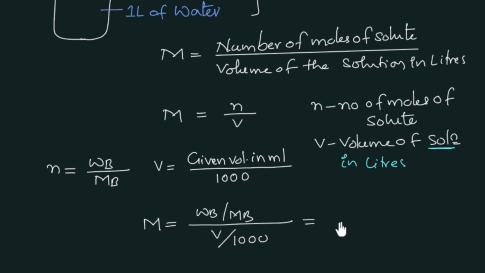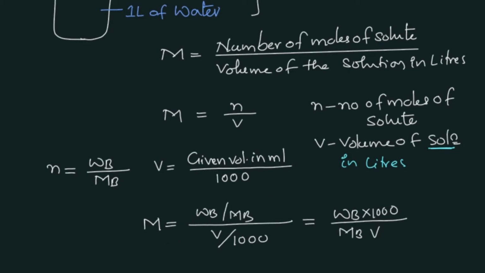Rearranging everything, we get the given weight of the solute divided by the molecular mass of the solute, multiplied by 1000, because the denominator becomes the numerator, and again multiplied by the given volume in mL or cm cube.